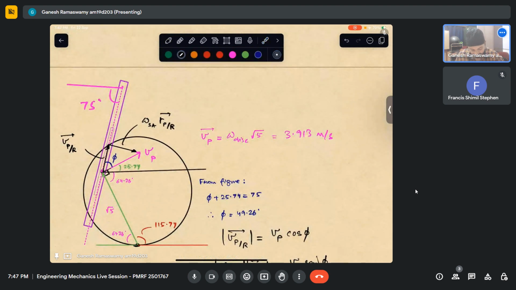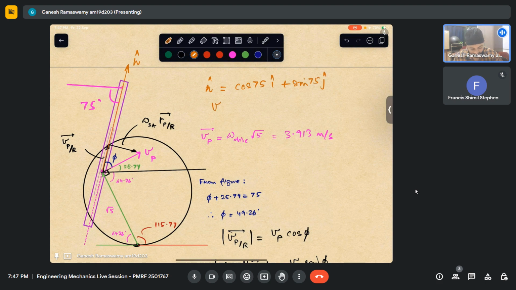It is not a big task. I know that this is my unit vector in that direction. This is n cap. I know Vpr is along n cap. So can I write what n cap is? I know this angle that it makes with the x is 75 degrees. So n cap is nothing but cos 75 i plus sin 75 j.